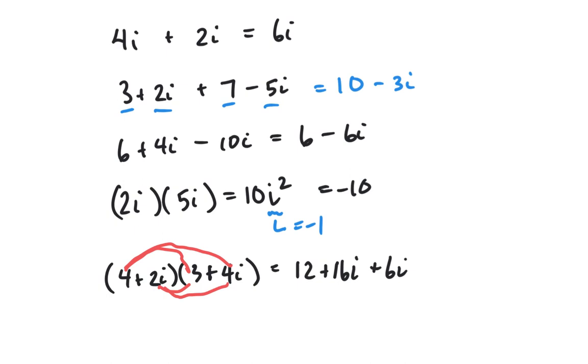And then 2i times 4i is 8i squared. Well, let's make a pass through this and simplify. 12 plus 16i and 6i is 22i. And then 8 times i squared, remember this is -1, so it's like -8. So our final 12 minus 8 is 4. Our final answer would be like this.